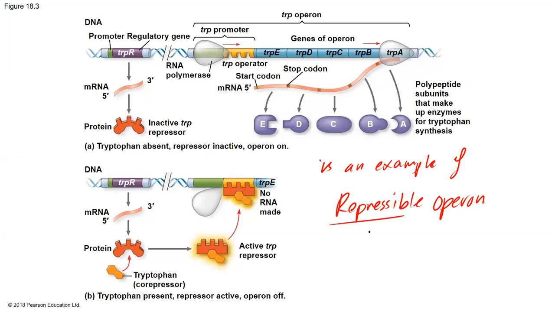Repressible means it can be repressed once the repressor is activated in the presence of tryptophan. So the default state is to have transcription from the trp operon, unless the repressor becomes active after the binding of tryptophan, and now the active repressor can repress expression from this operon.